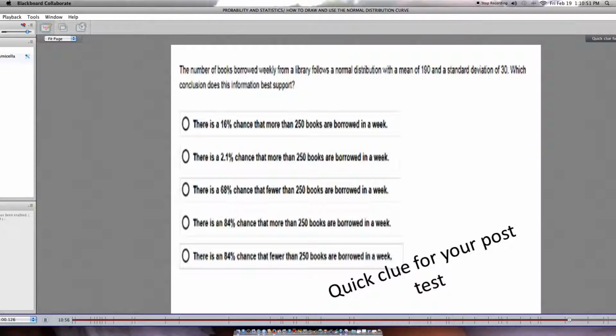Then you go to the next one. There's an 84% chance that more than 250 books are borrowed in a week. Well, you know that's not right either. There was a 2-point-something% chance that more than 250 books are borrowed in a week. And finally, the last one says there's an 84% chance that fewer than 250 books are borrowed in a week. You look at your graph. It's all about looking at your graph.